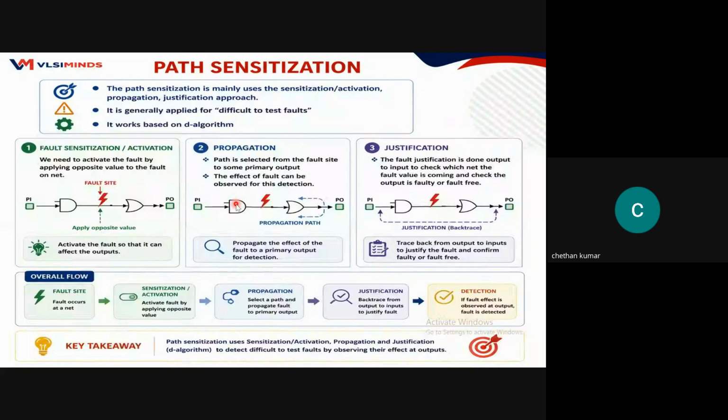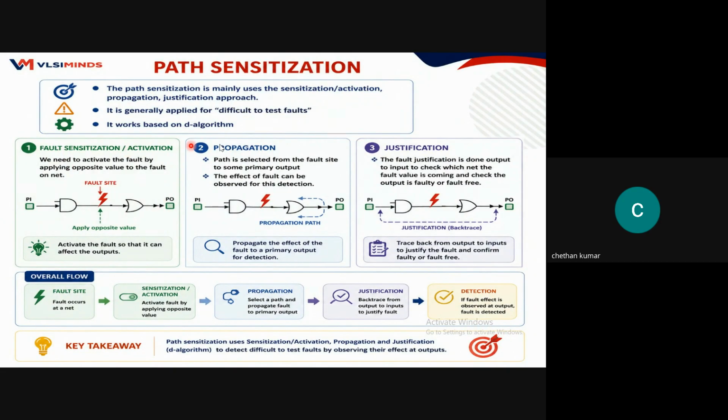So we do not get the assurance of covering all the faults in the design. Because of that, in all cases we go ahead with deterministic test pattern generation only, sir. Correct, this is the most used method in the industry. Okay, sir. Thank you.